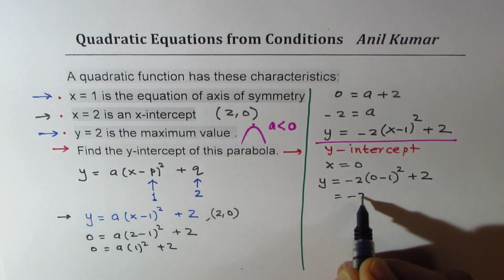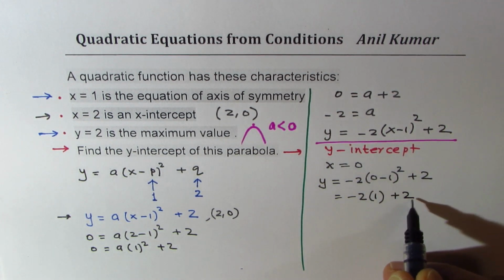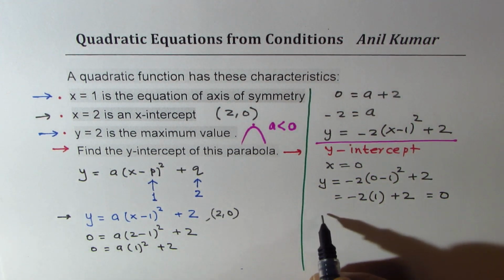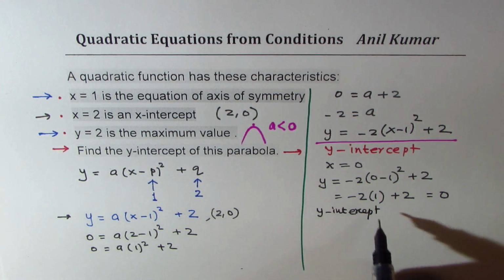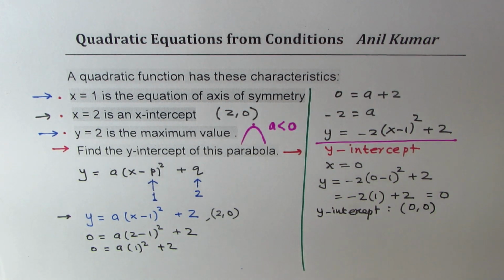And that gives you minus 2 times 1, right? Plus 2. So minus 2 plus 2 is 0. So that means the y-intercept is at the origin. So that is what you get from this equation. So I hope it is absolutely clear.